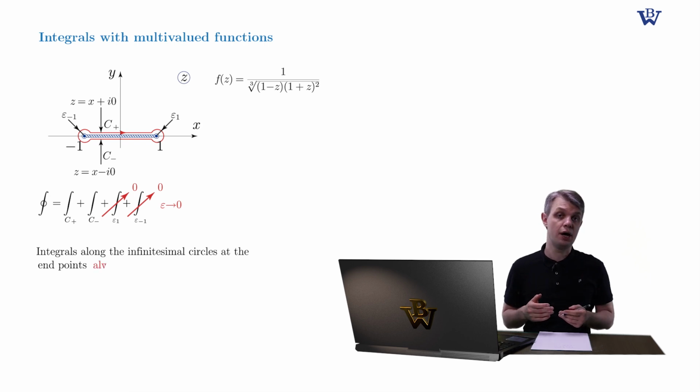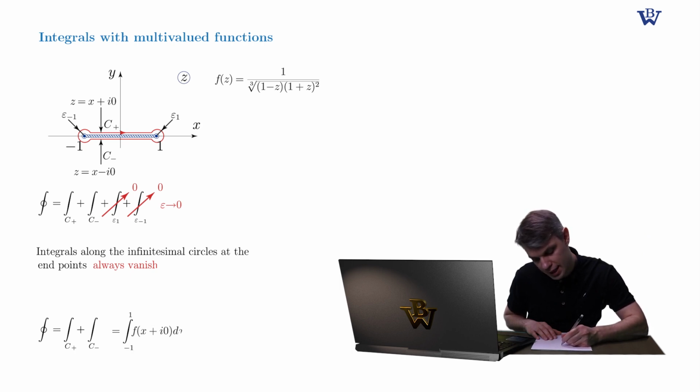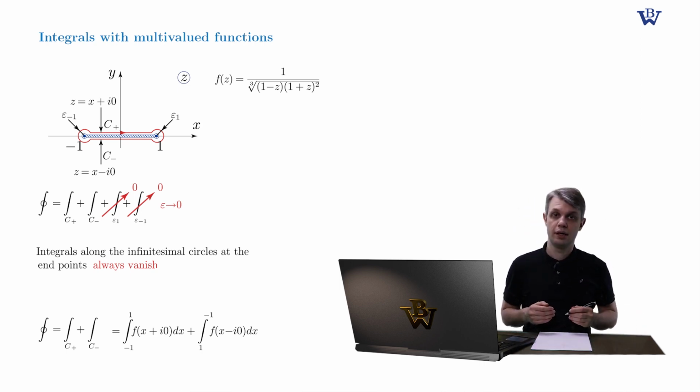As a result, our closed contour integral is turned into a combination of 2 linear integrals along the upper and lower banks of a branch cut, from -1 to 1 of f of x plus I0 dx plus from 1 to -1 of f of x minus I0 dx. As I pointed out earlier, the first integral is just our initial integral.